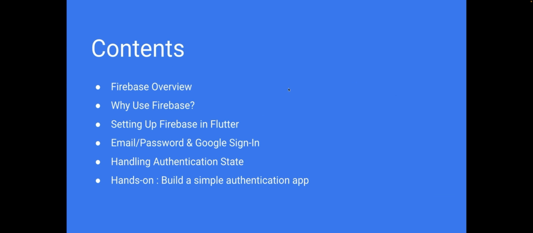So our content for today is, first we are going to look at Firebase overview. What is Firebase, and just get an overview of it. Then I'm going to talk about why you should use Firebase. And also I'm going to walk you through how to set up Firebase in Flutter. Then I will give you an example, email, password, and also Google sign-in. And also I'll talk about handling authentication state. Okay. And then we are going to build a simple authentication app that is going to utilize email and password.